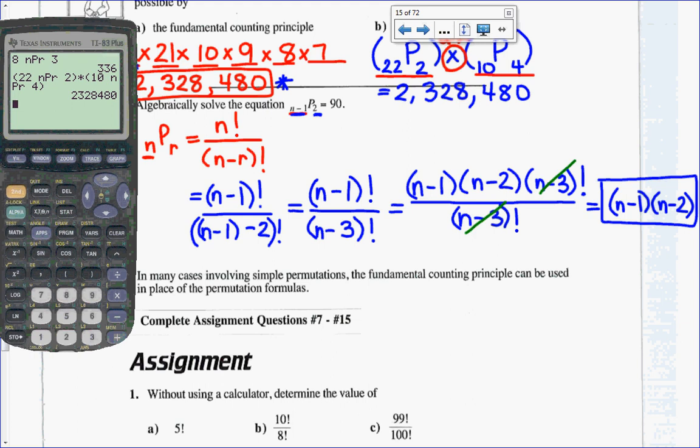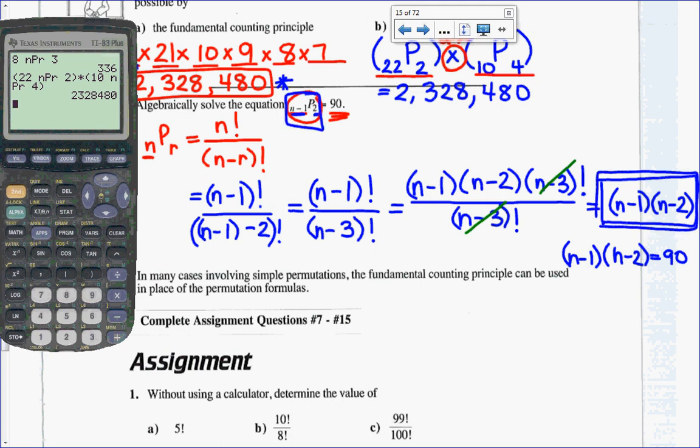Now, I have just figured out this side. That has to equal 90, right? So what I really have is (n minus 1) times (n minus 2) has to equal 90. If this was all the question had asked me, then I would just leave it in this form.